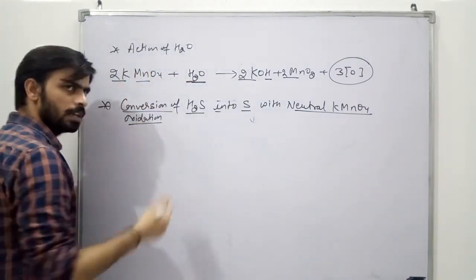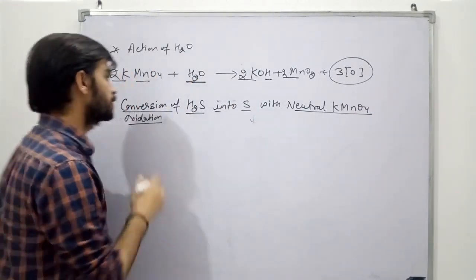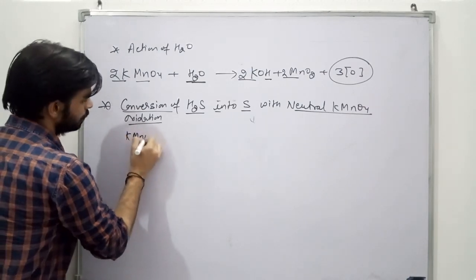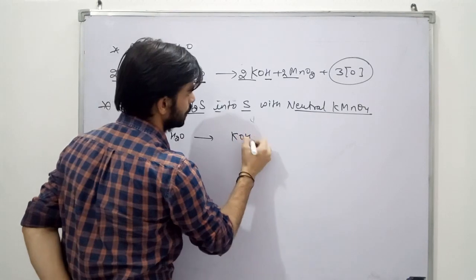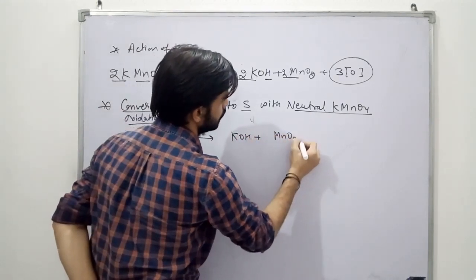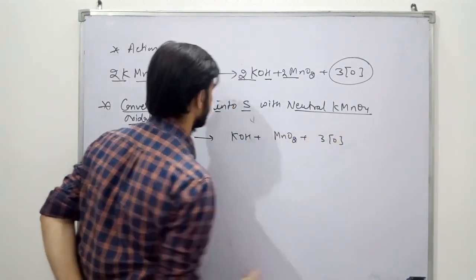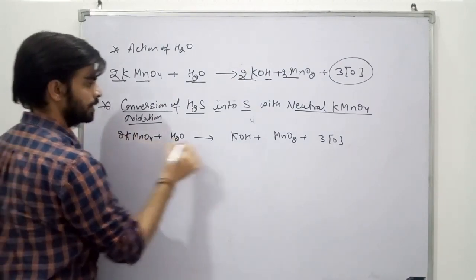So let's start with the molecular equation. KMnO4 reacts with H2O and forms KOH, manganese oxide and 3 nascent oxygen. Now balance this equation twice.